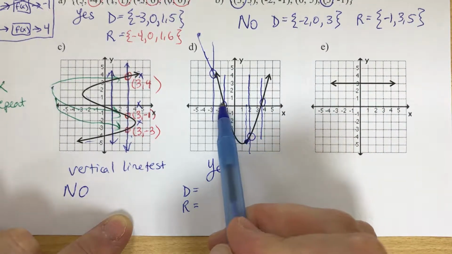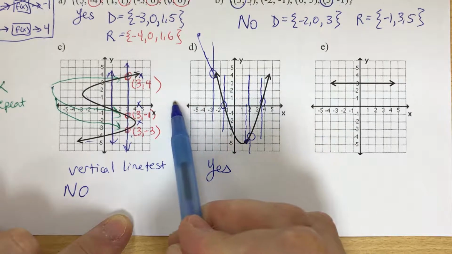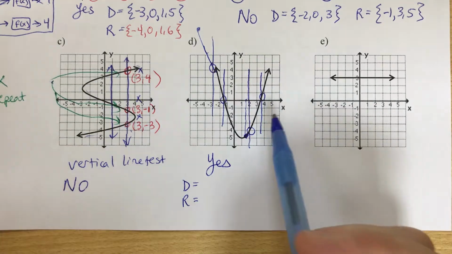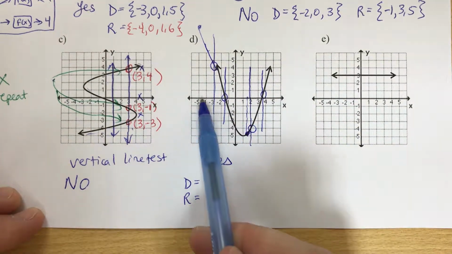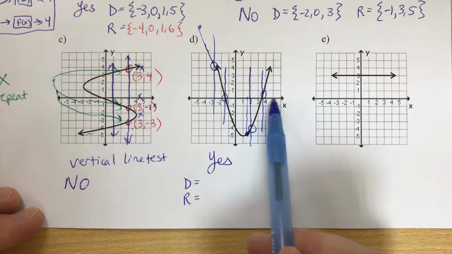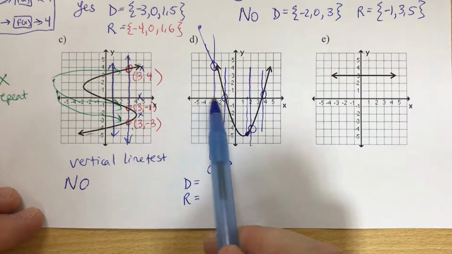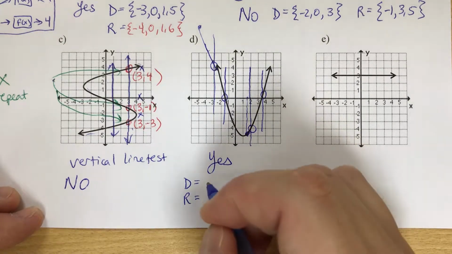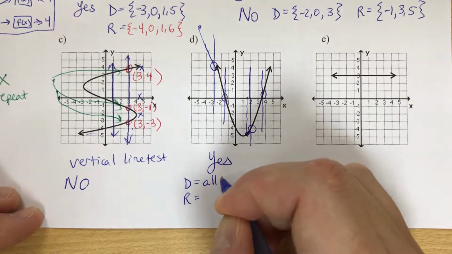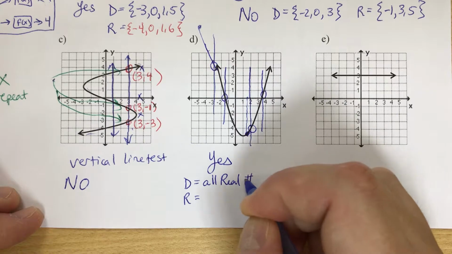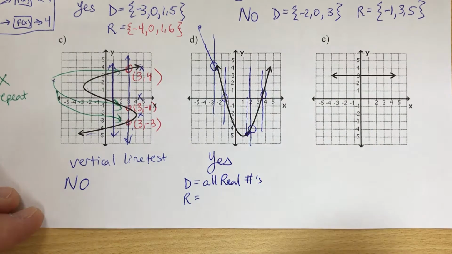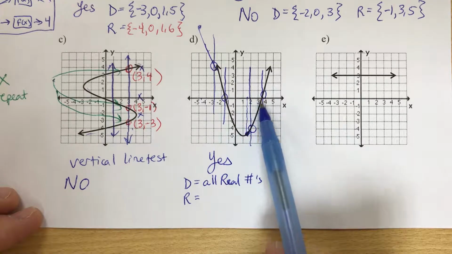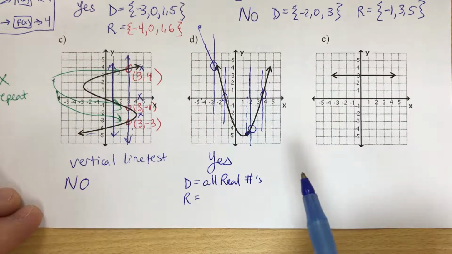So from the left, this is going to keep going, and to the right, this is going to keep going. So in this situation, all the real numbers will have y values. The way we would write the domain is we would say all real numbers. Okay, there's my number symbol. Every x value that you can think of is going to have a corresponding, a matching y value.